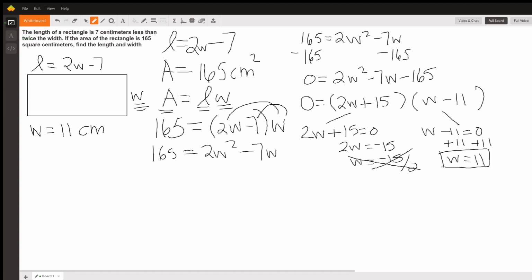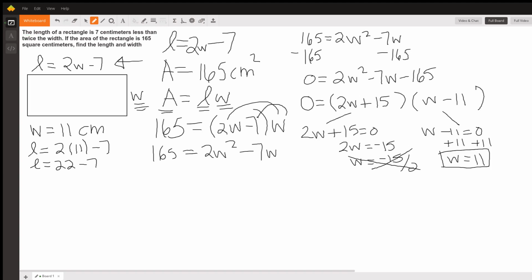Now we need to find length, and it's pretty simple. Just use this formula here that we stated from the beginning, or this equation. So length equals 2 times W. We just figured out W, which is 11, minus 7. And here you will get length equals 22 minus 7.